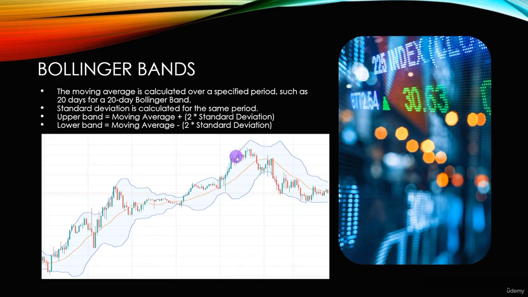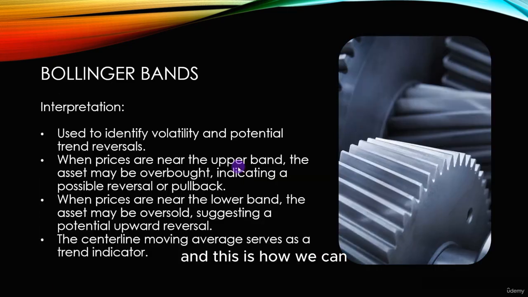So if the price diverges up away from the moving average, we consider that it's going to come back and join it at some point. And this is how we can assess the situation, if it's an overbought or an oversold asset.